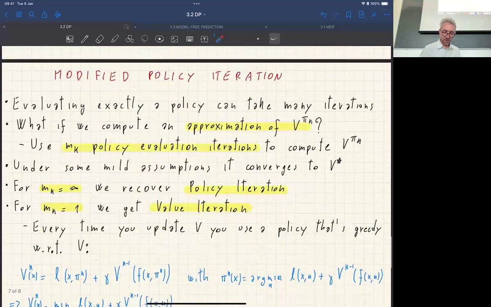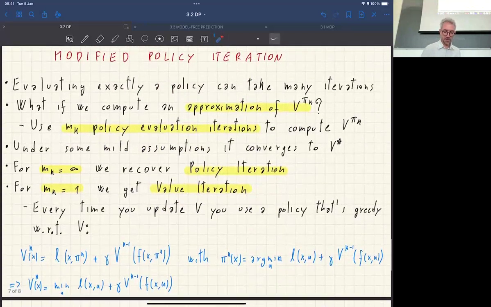And if we try to write down the equations of what happens, it's basically what I've written down here in blue. So this would be one iteration of policy evaluation. So we start with a guess of the value, v_{k-1}, and we compute a new value, v_k, simply by following the policy evaluation algorithm.